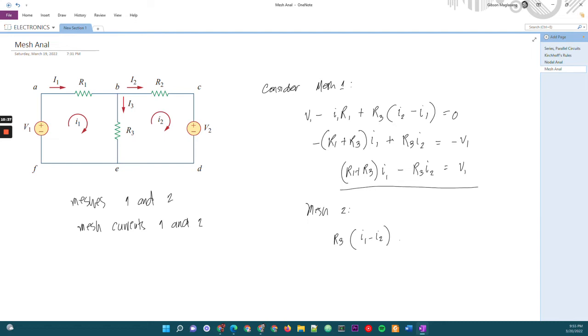Then we have minus R2 I2 minus V2 equals 0.